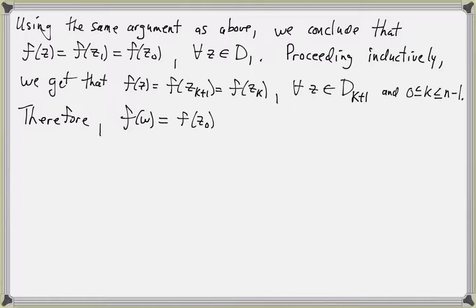And since w was an arbitrary point in the domain D, we see that f is constant in the domain D. But this is a contradiction since we assumed that f was non-constant.